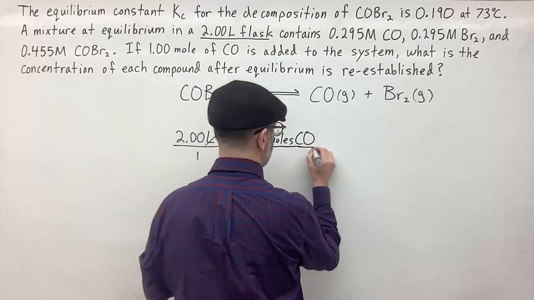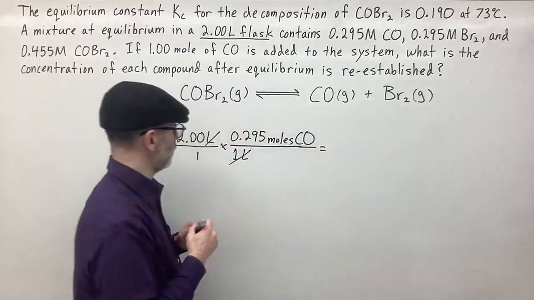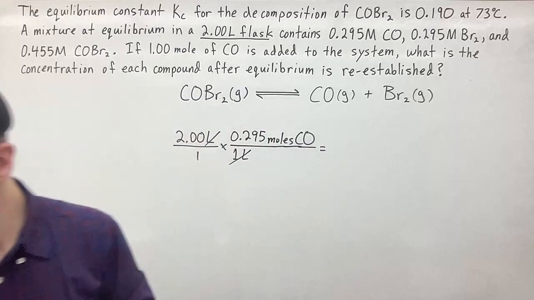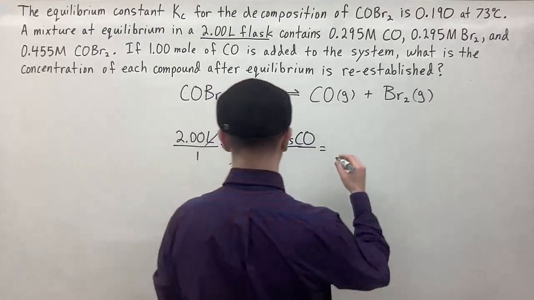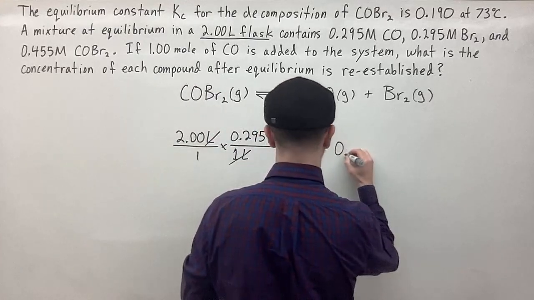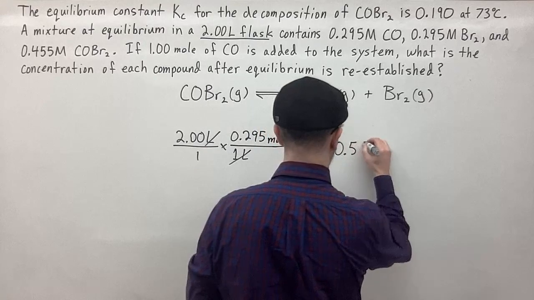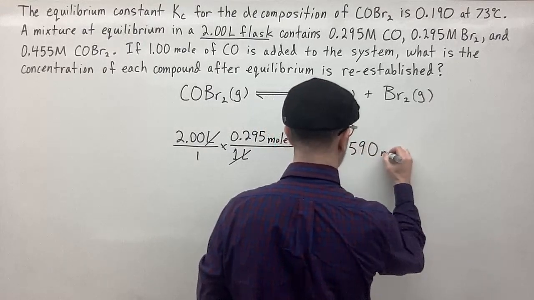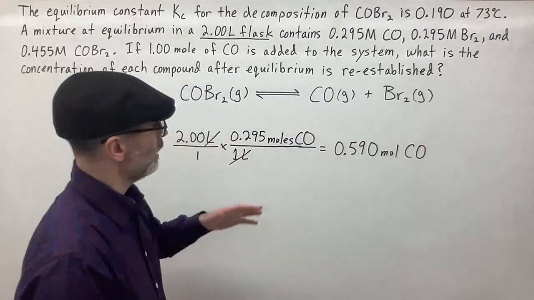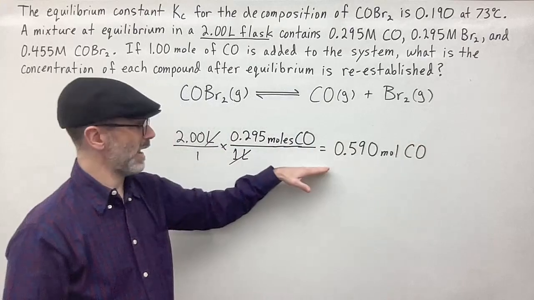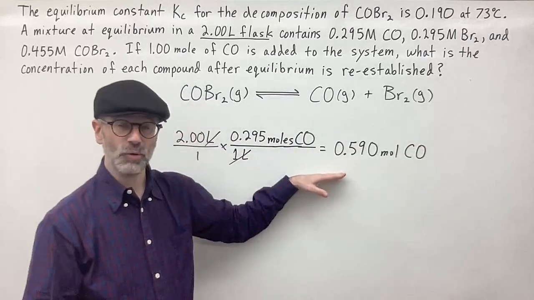So to find the moles, I multiply those together. And when I do that, I get 0.590 moles of CO.